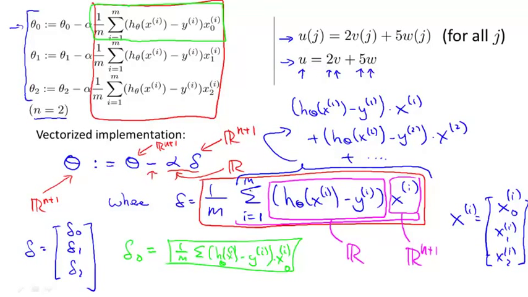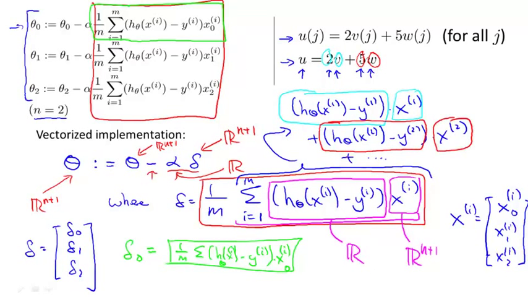And this summation is the same thing. This summation over here is just some real number, kind of like the number 2 times the vector v, except here it's some other number times x1. And then instead of 5 times w, we have some other real number times some other vector, and then you add on other vectors, plus dot dot dot.